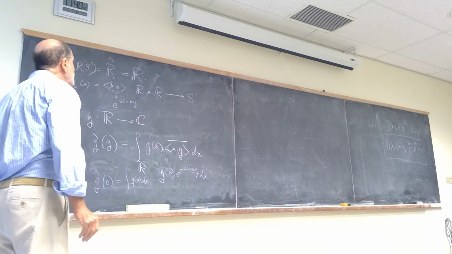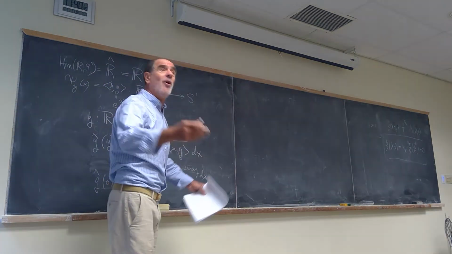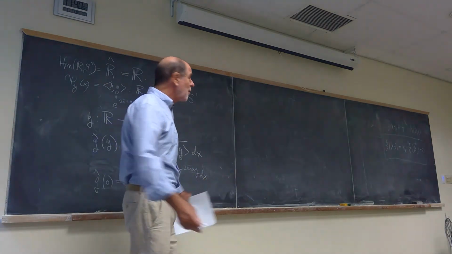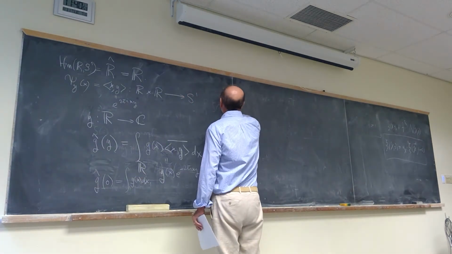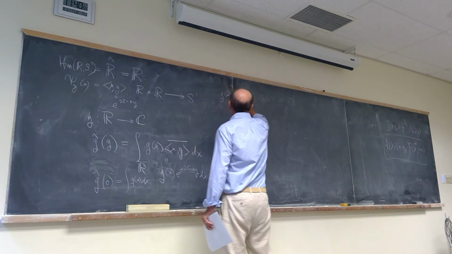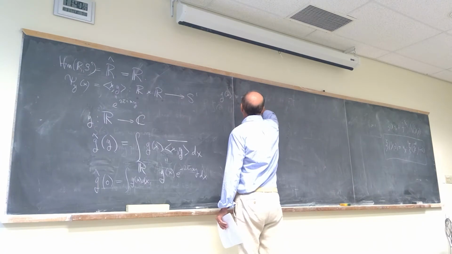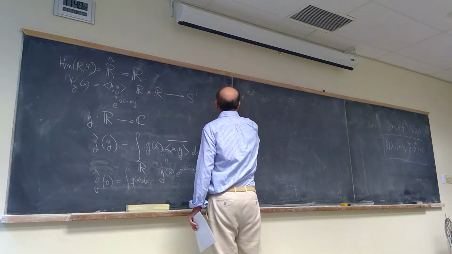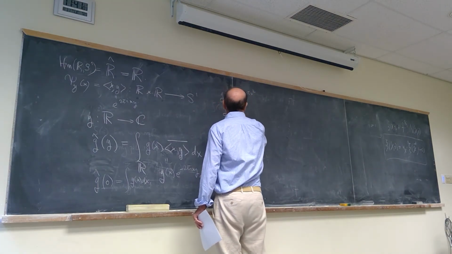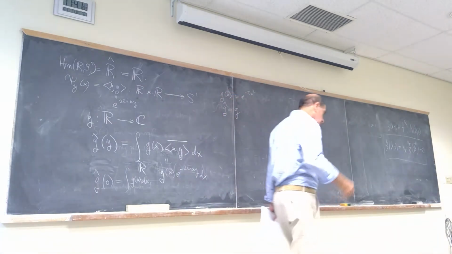A very famous function, which is at the base of all the functional equations, every single one of them, is the function g of x equals e to the minus pi x squared. And the fundamental result is that it's equal to its Fourier transform. There are other functions that are equal to their Fourier transform.